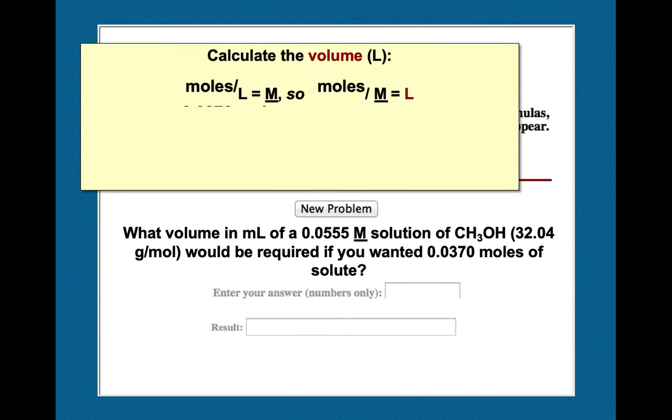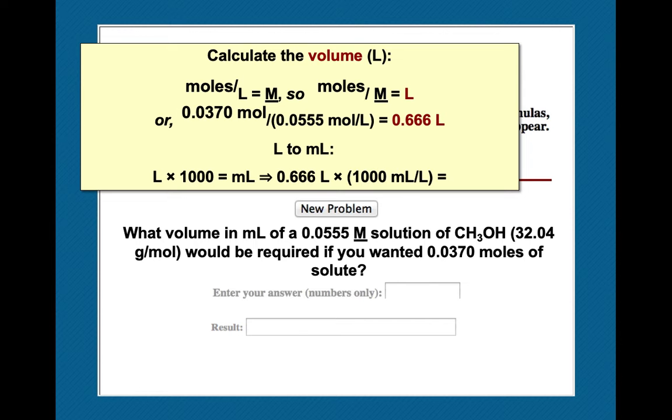Remember, moles divided by volume is molarity. Moles divided by molarity is volume. We simply substitute. This is our number of moles. Here's our molarity. Do our division, and we get our answer, but it's in liters. We have to enter it in milliliters. Simply multiply by 1,666. So it looks more complicated, but it really isn't.